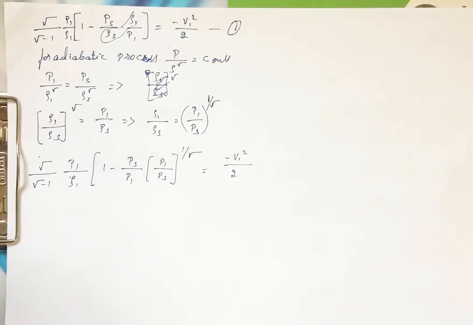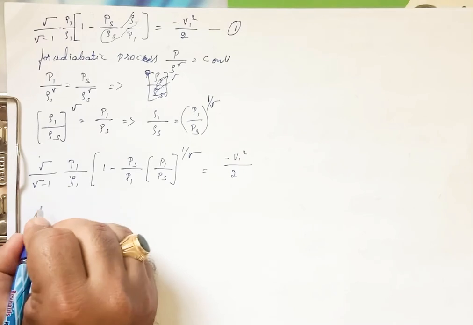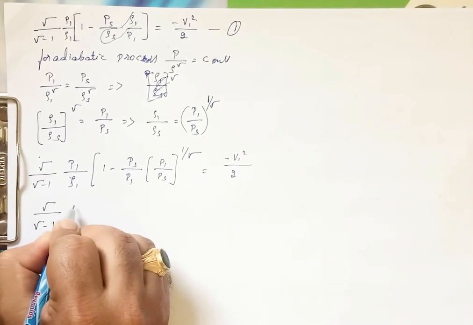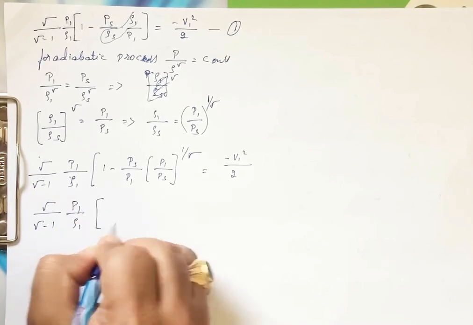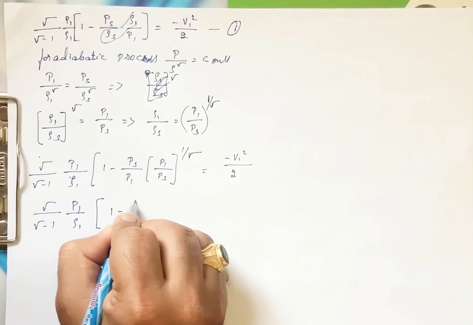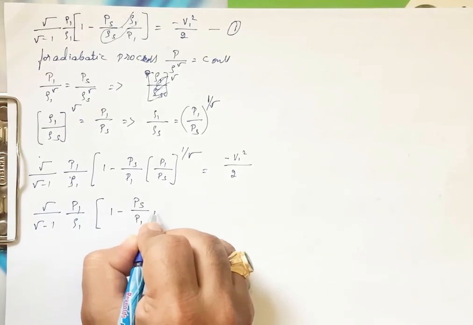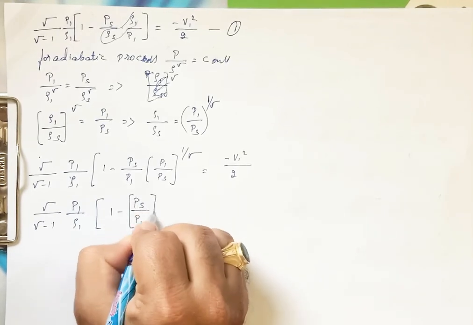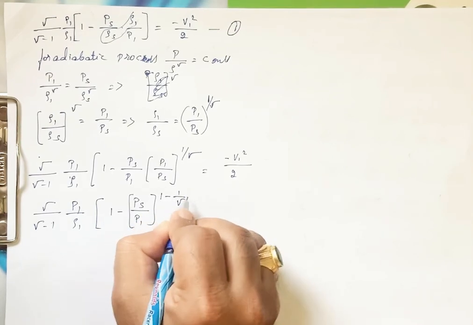So I'll get gamma divided by gamma minus 1, P1 by rho 1 into 1 minus Ps divided by P1 raised to 1 minus 1 divided by gamma.